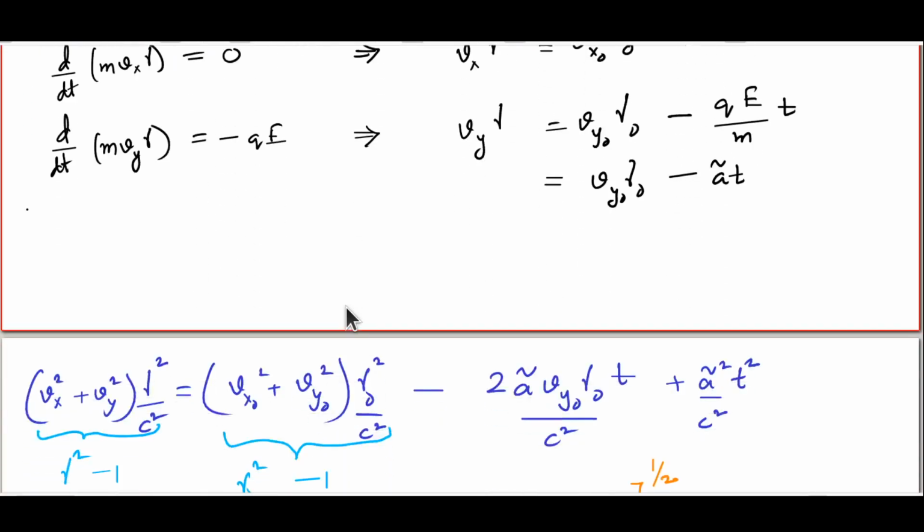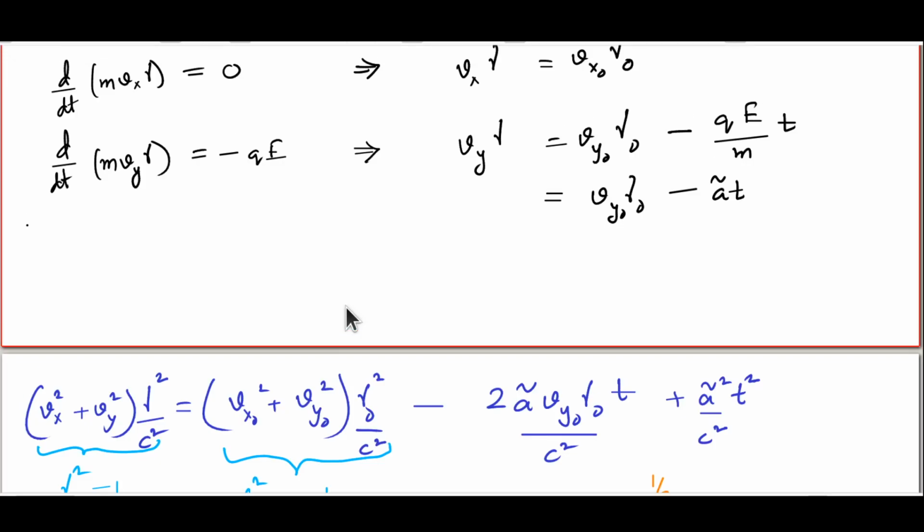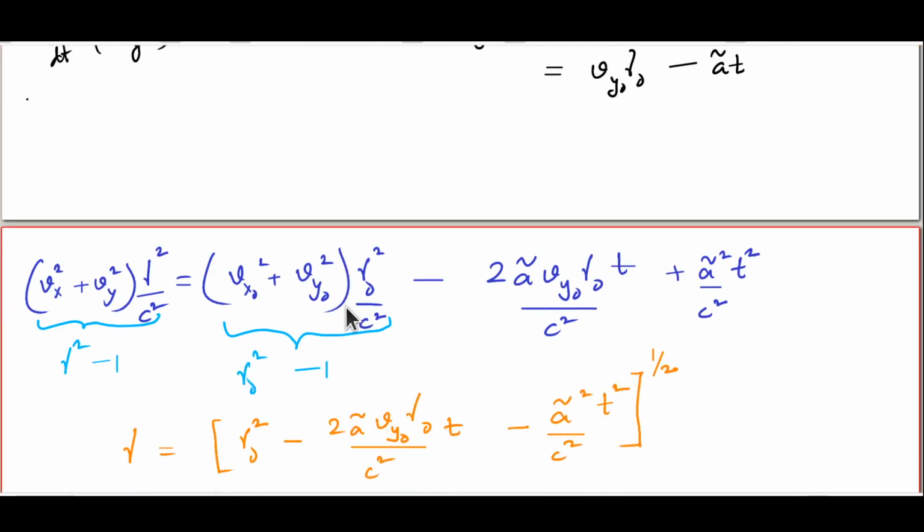Now a bit of simple manipulation will help us to get rid of gamma from these expressions. All we need to do is square and add the two equations for v_xγ and v_yγ. And if we do that, carry out the algebra a bit, we will end up with gamma as a function of time directly. So gamma squared works out to be γ0² minus twice A tilde, remember that's our acceleration, v_y0 γ0 t by c², minus A tilde squared t squared by c².